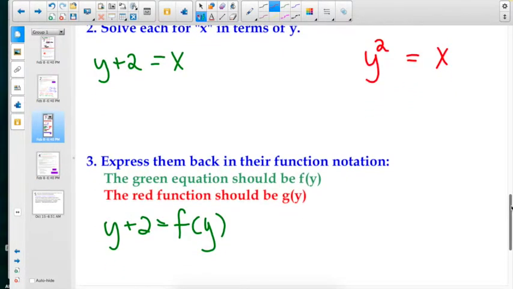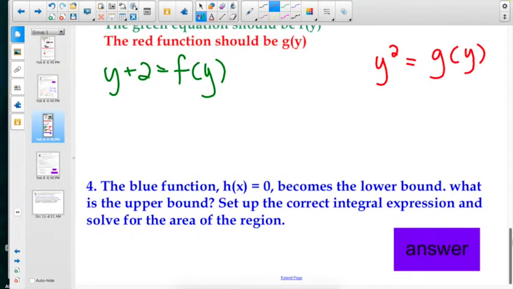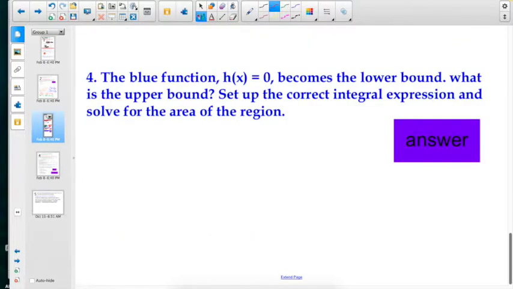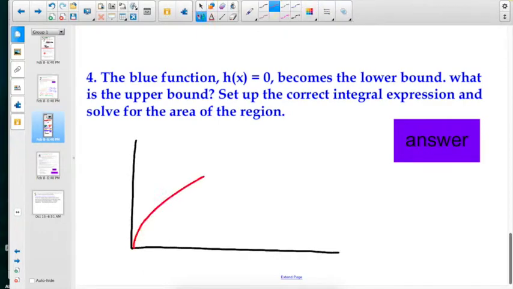Express them back in their function notation. So this is going to be y squared equals g of y. Okay? And so now we have those two functions. So if we look at this, I'm going to try to draw this from memory. We have this. We have here.